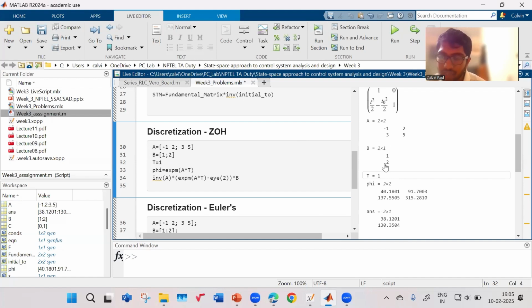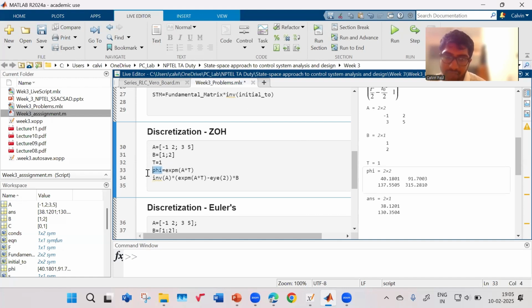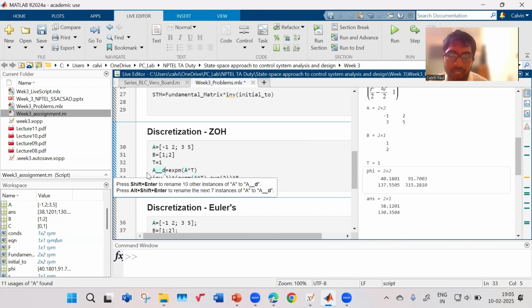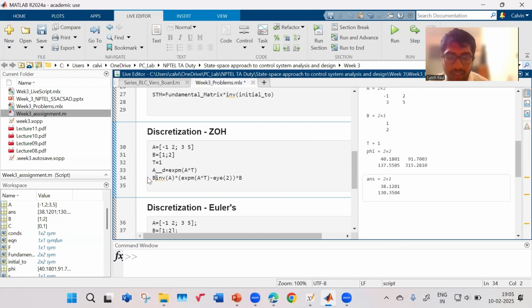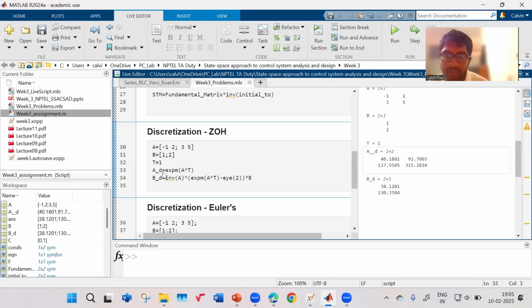This is the B matrix 1, 2. Time is 1 second. So what is my phi? This actually is my discretized A, the exponential of the matrix A into T. And my B discretized is equal to inverse of A into exponential of A into T minus I, into B. So just running this, I get my discrete time A matrix and my discrete time B matrix.